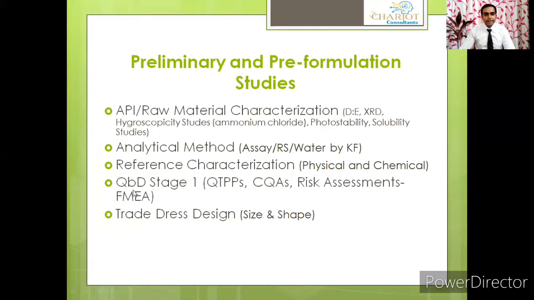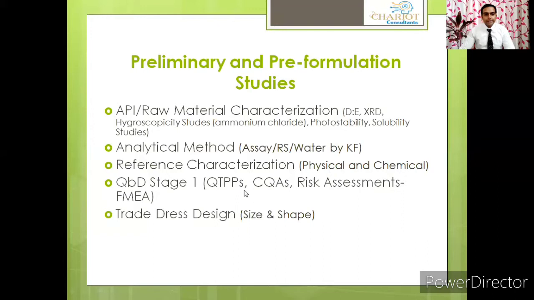QBD is your quality by design. It is generally done in 2 stages. Stage 1 includes your initiation of your QTPPs. QTPPs, your quality target product profile. It defines what your targets are and why you need those targets. So these QTPPs you have to initiate in QBD stage 1.